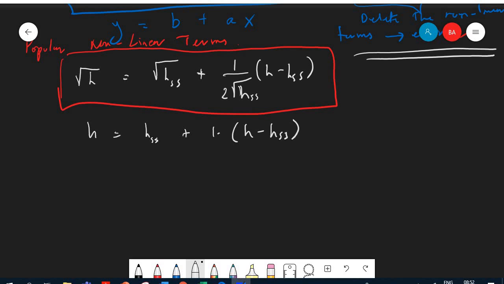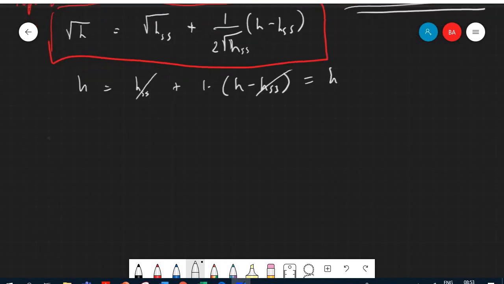And you can see that h steady state will cancel out the steady state, and it is going to be equal to h. So if you linearize h, you're going to get h. Don't worry about that, because if you forgot yourself for a moment, you're going to get the same answer. So that is something I just wanted to mention quickly.